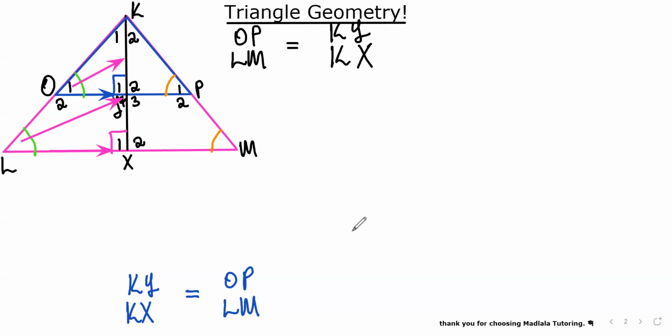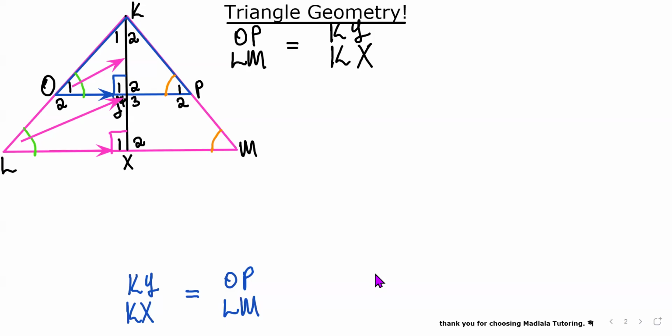I think I copied the question in an incorrect way, no? The question said prove that KY is to KX equals OP is to LM, and it's just a 2-mark question. Okay, did I state my things right here? OP, it's the one opposite this in a smaller triangle.